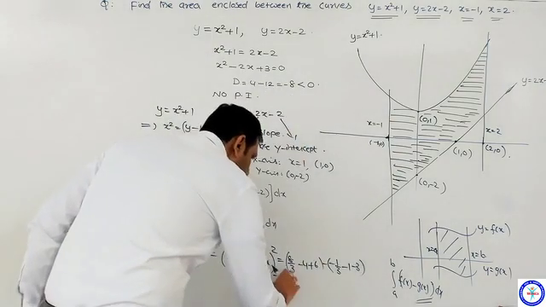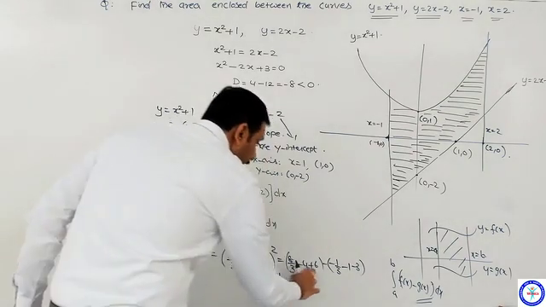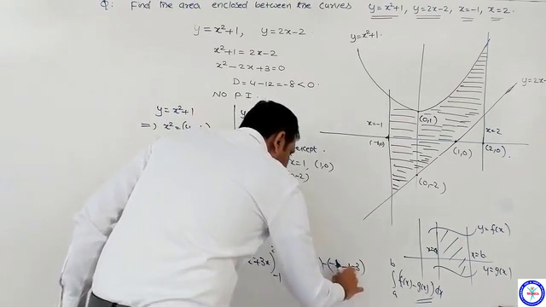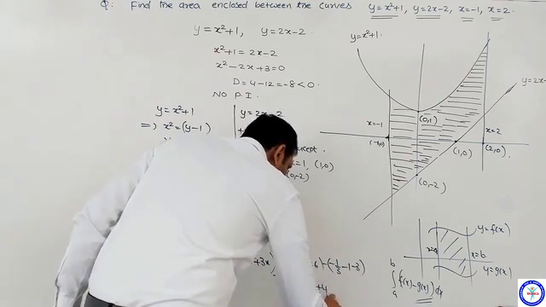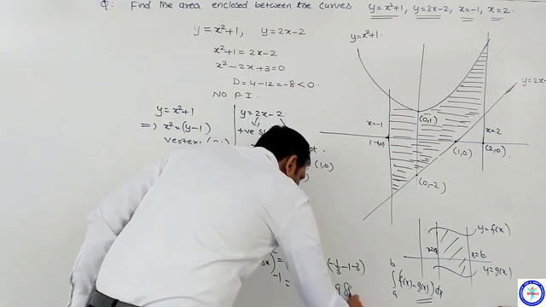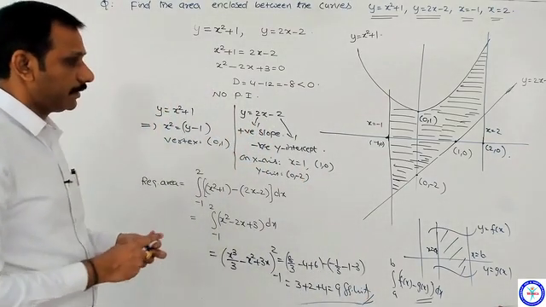It is equal to 8 by 3 plus 1 by 3, 9 by 3, it is 3, and 6 minus 4 plus 2, and minus 1 minus 3, minus 4, minus of minus 4 means plus 4, 4 plus 2, 6 plus 3, it is 9 square meter. This will be the required area.